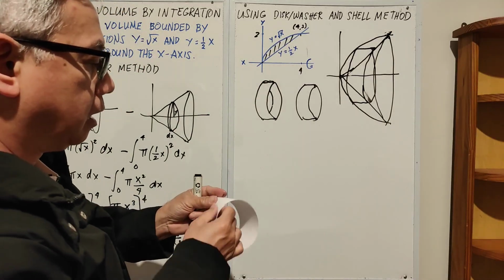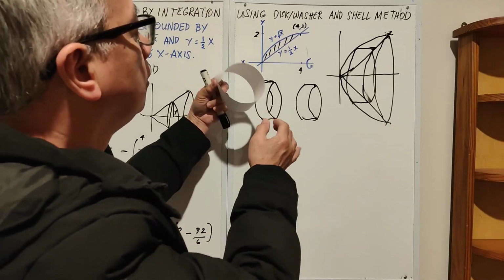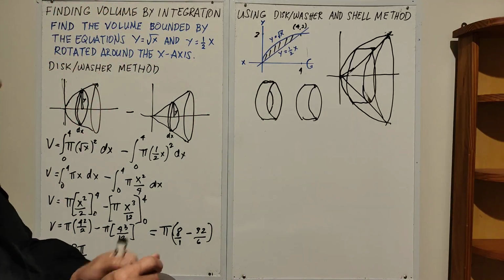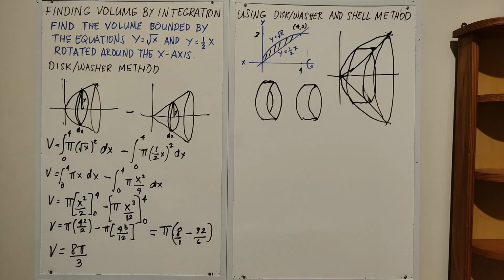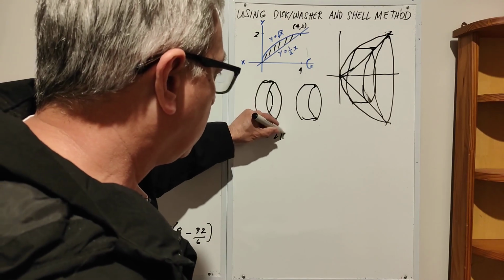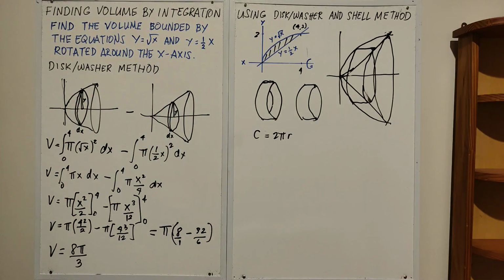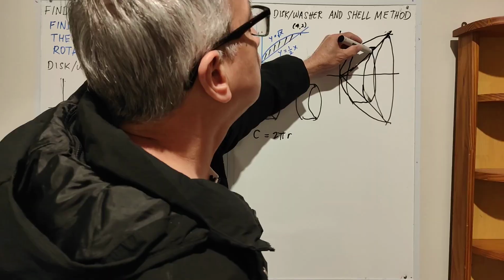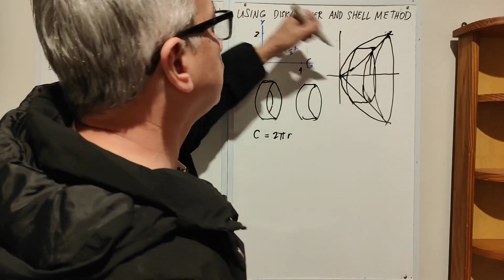So what is the formula for getting the circumference? The circumference is equal to 2 pi r. Now in this case, this is our cylinder, so your r will be your y.